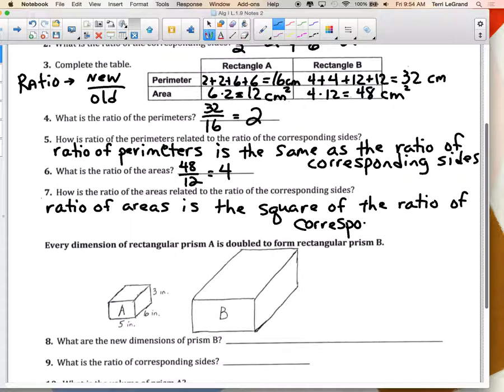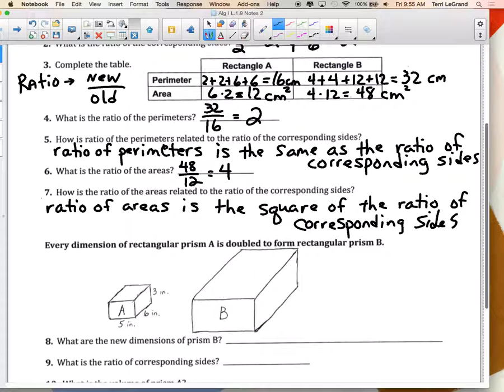In other words, we take the ratio of the corresponding sides times itself, and that'll tell us how many times bigger the area will get.